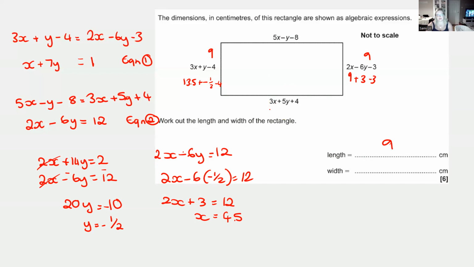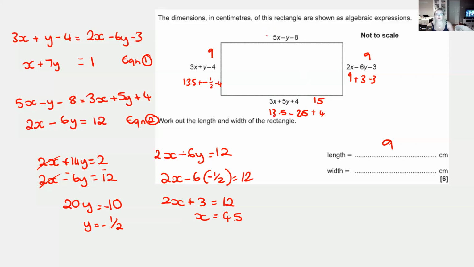So 4.5 times 3, well, that gives me 13.5. We've already worked that out. And half of 5, so that's minus 2.5. And then plus 4. So 13.5 take away 2.5, that's going to give me 11. 11 plus 4 is 15.